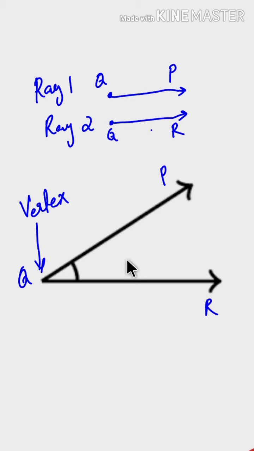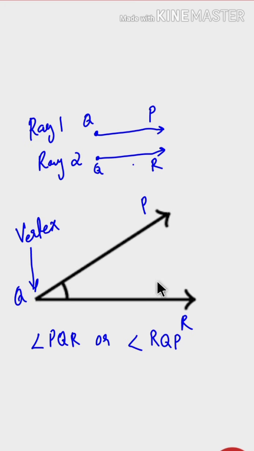So now we are going to name this angle. If we name this angle, this will be angle PQR or angle RQP. Okay, so this is the way how to name an angle.